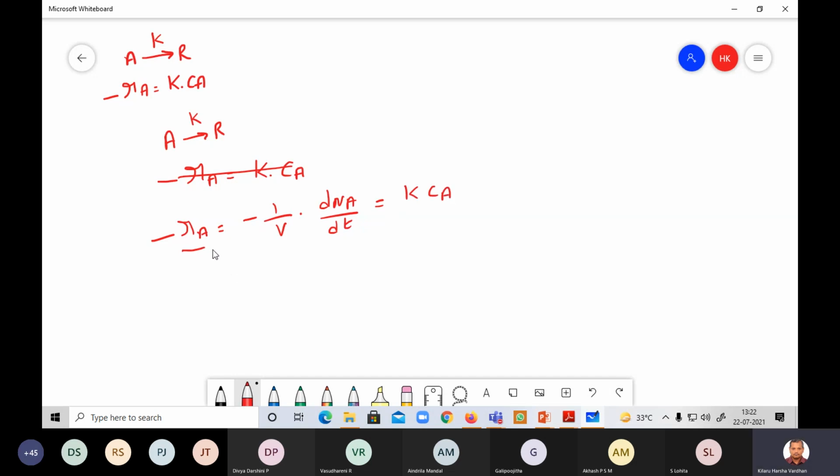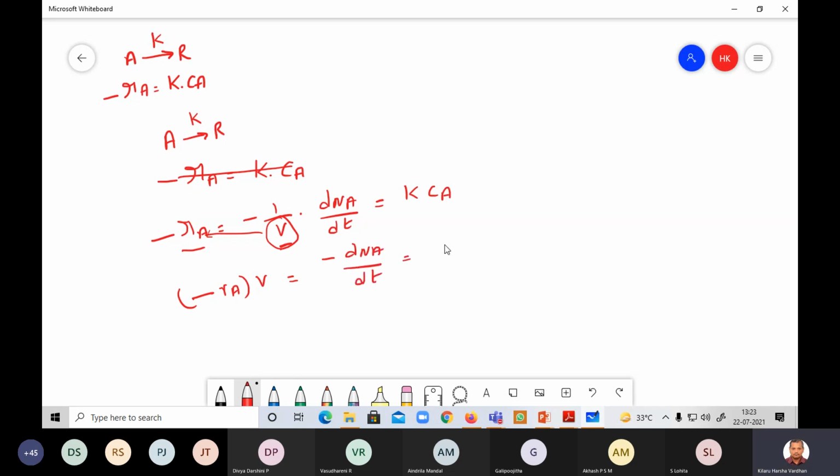Now, this we already studied: we are writing based on the volume of the fluid inside the reactor. We are assuming it is constant volume. Minus dNA by dt is nothing but the number of moles disappeared, divided by time. So if I cross multiply, minus RA into V is nothing but minus dNA by dt.